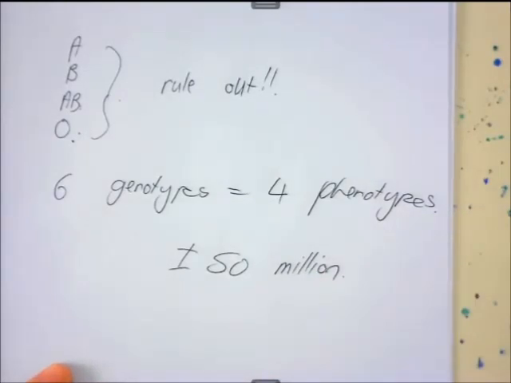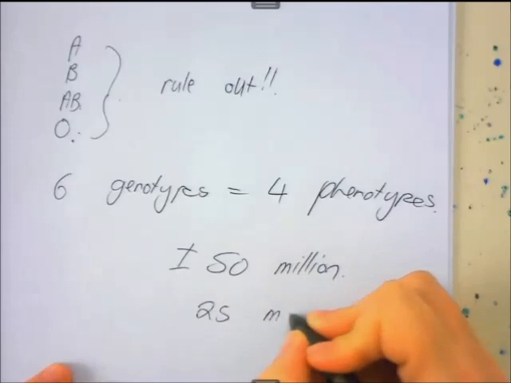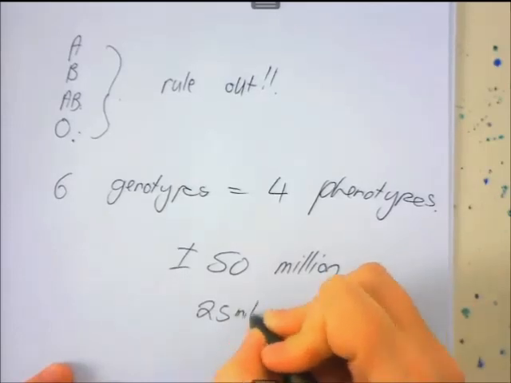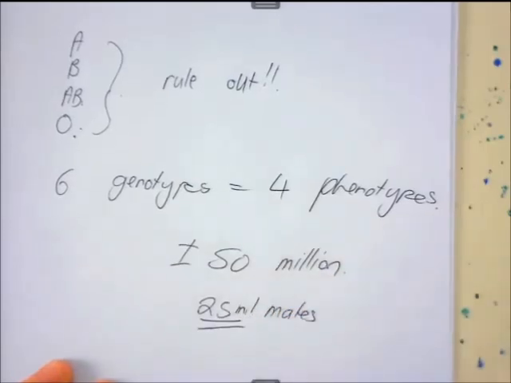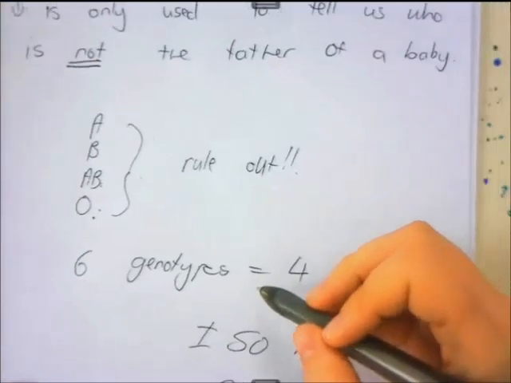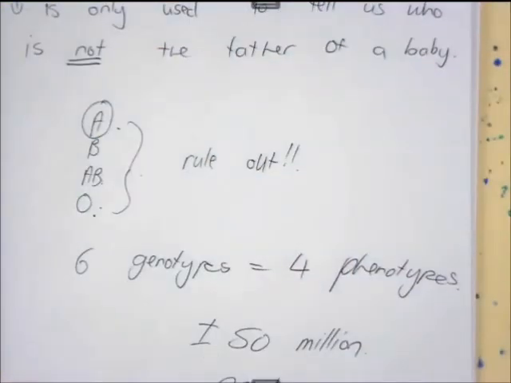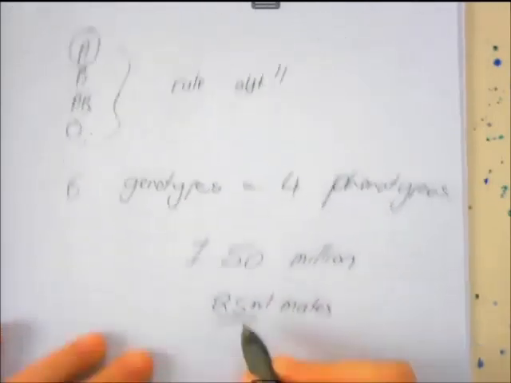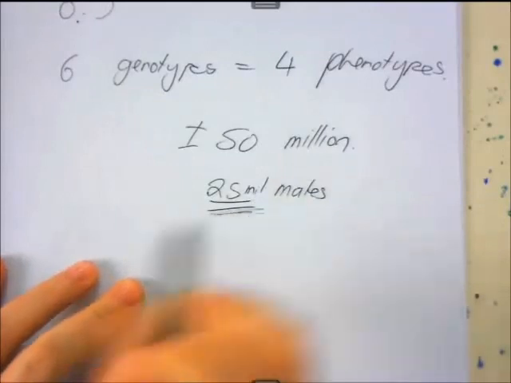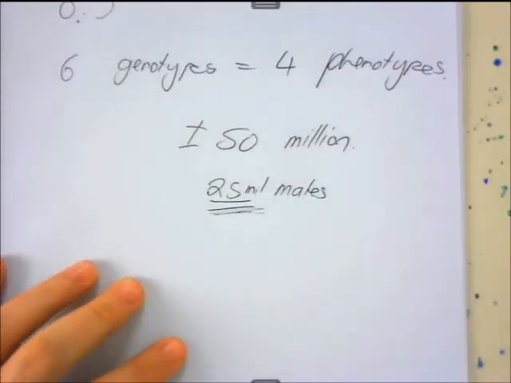If we halve it and we say 25 million are male, it is impossible to say that because a father has blood type A and he has a child which has a certain blood type, that he automatically is that father, because there could be any number of men in the country who have fathered that child.